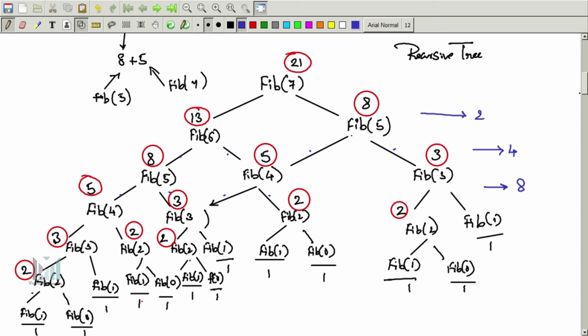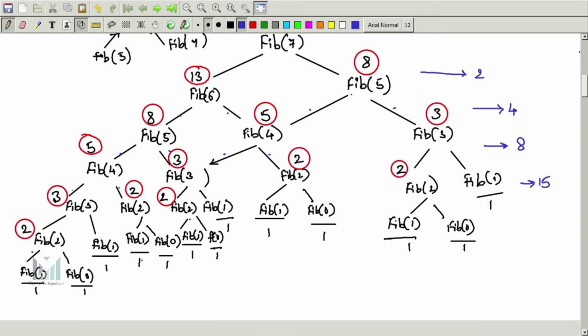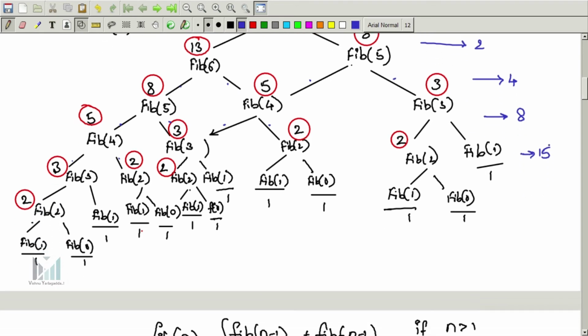Yes, it is 8, because this one will be 1, this one will be 1, 2, and this one 1, 2, and so on up to 15, or at this level it will be 16 in total. And at the next level this one will vanish, so 2 will be reduced.